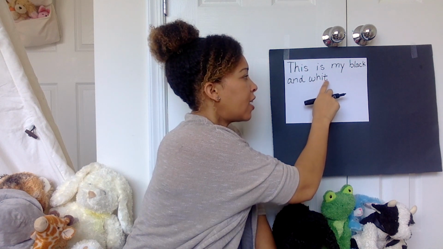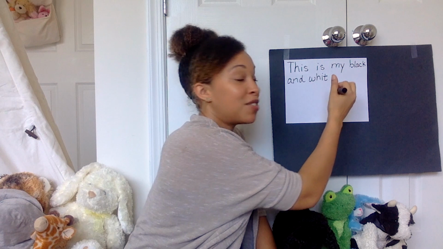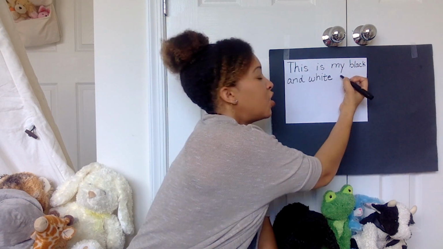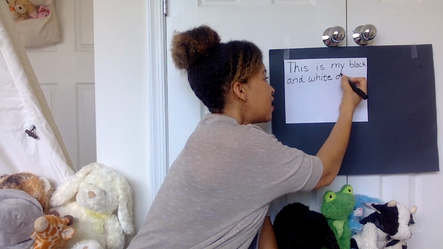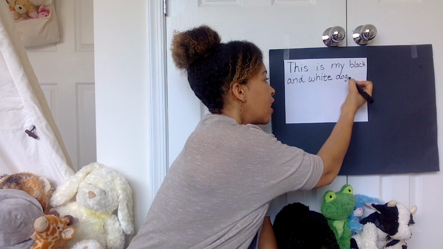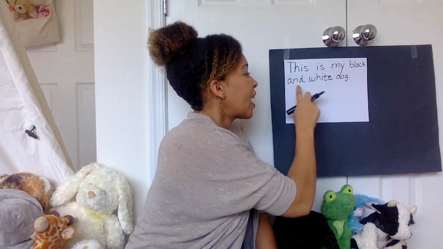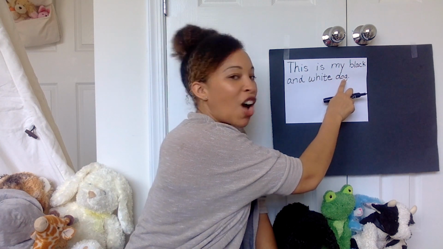I wrote everything I heard, but this still doesn't look right. W-ite. Oh, I need an E. The E makes the I say the long sound. White, and then I need the word dog. D-o-g. Let's reread. This is my black and white dog.